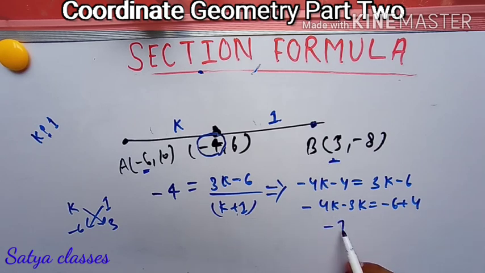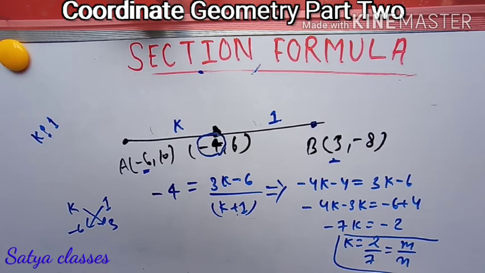This gives you 7k equal to minus 2. So k is equal to minus 2 by 7. Now you have chosen k as m upon n. Look, got this answer? m by n is equal to 2 is to 7. So the final answer is m is to n equal to 2 by 7.